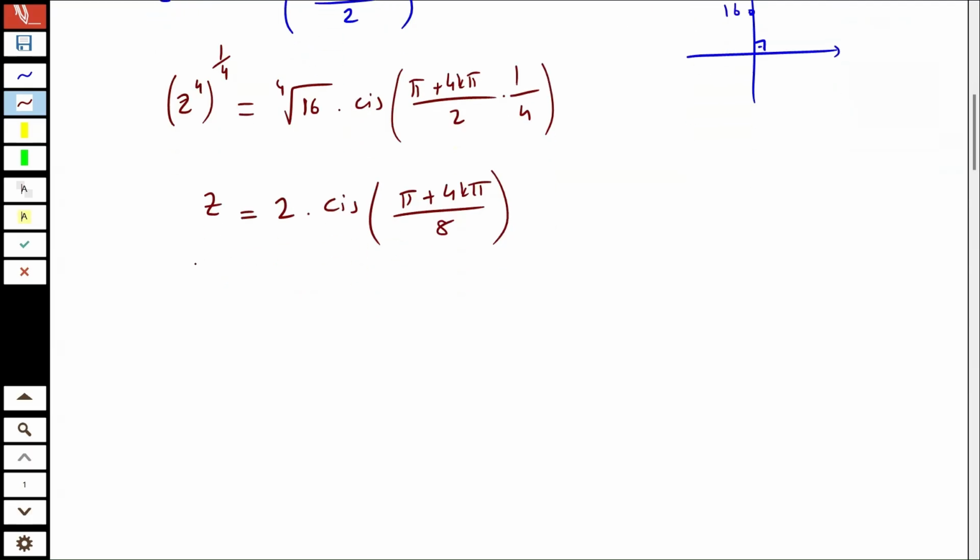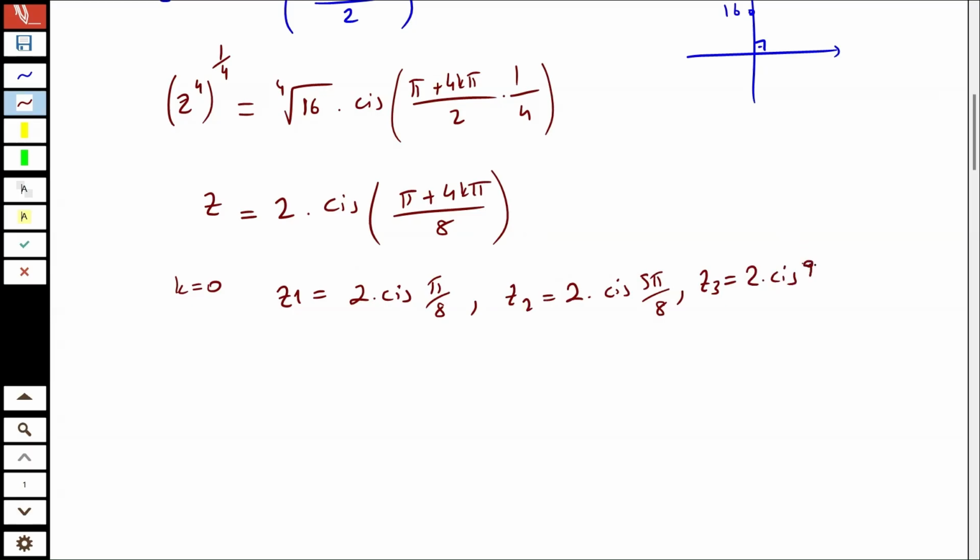From here, if you substitute 0 into k, you will find the first root, z1, 2 times cis pi over 8. And the second complex root is going to be 2 times cis 5 pi over 8. The third one is going to be 2 times cis 9 pi over 8.